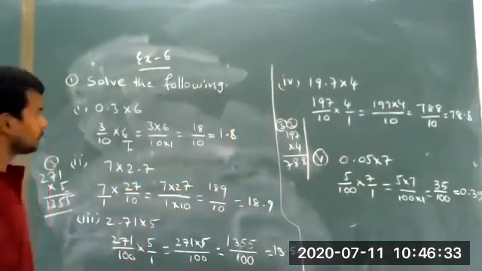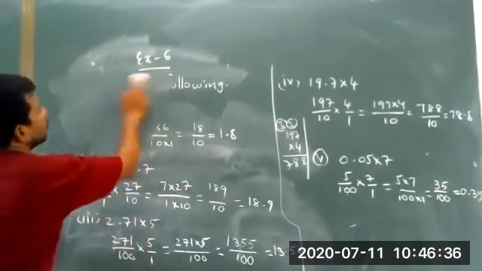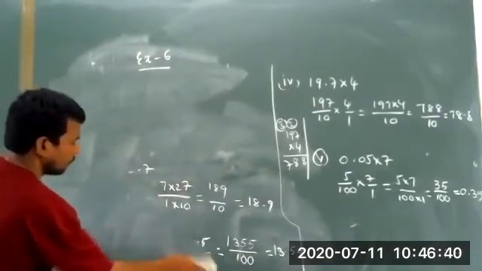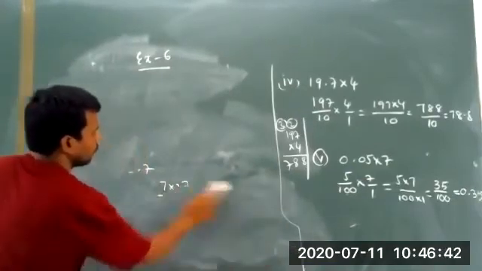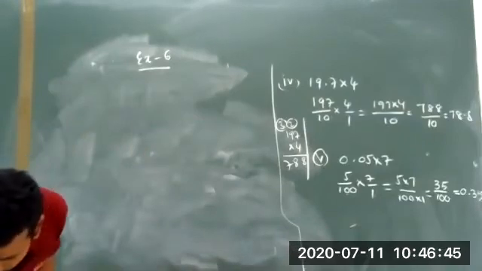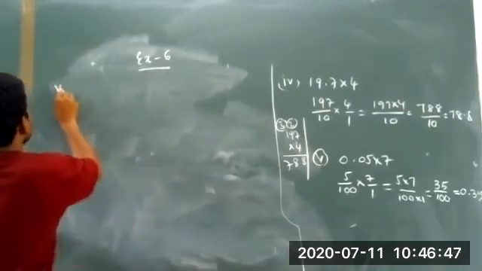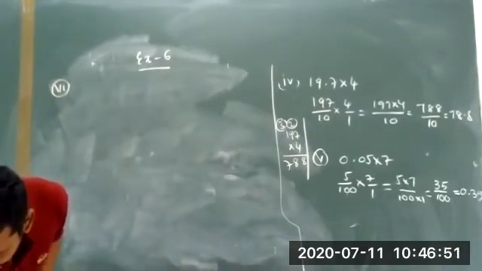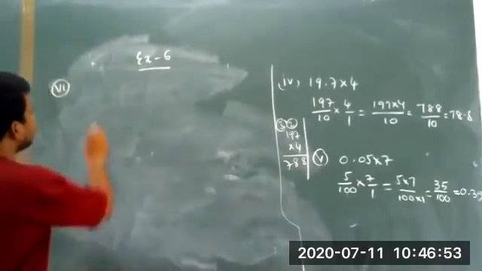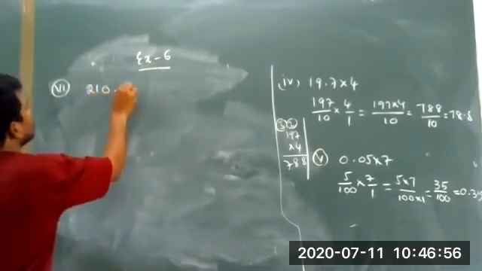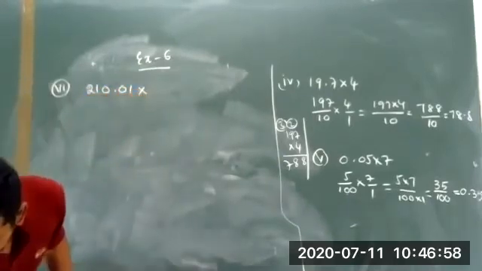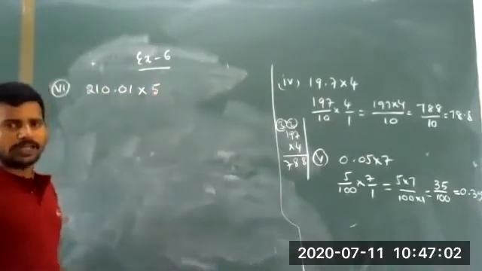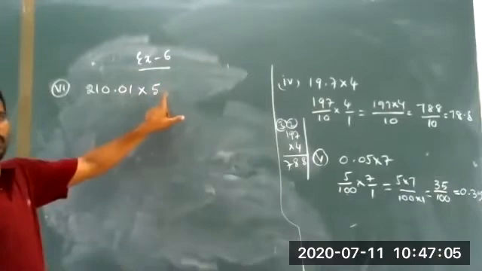Next, sixth problem. Clear, children? Sixth one: 210.01 into 5.